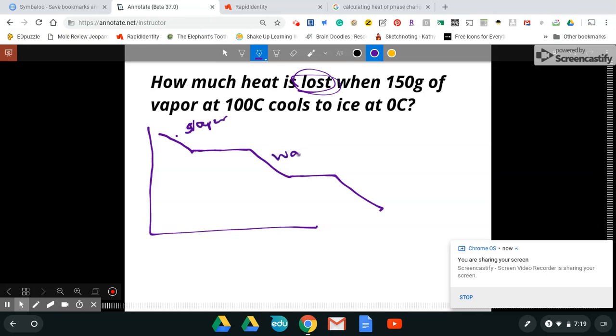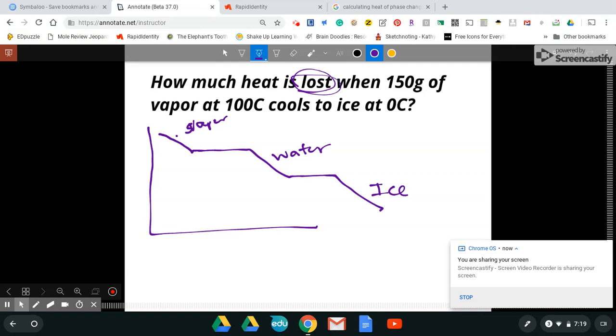This is still water. This is still ice. You got to remember, the bottom slant is always ice. The top slant is always vapor. And then in between, this is why I said the top is always going to be heat of vaporization, and the bottom horizontal is always going to be heat of fusion.